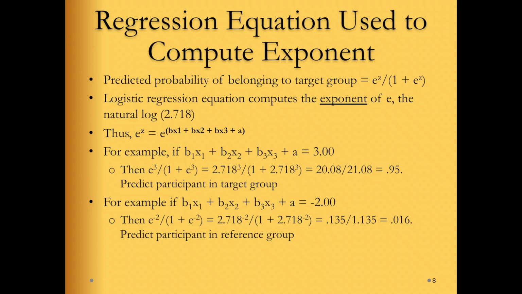In example 2, the regression equation derived a score of -2 for a participant. If we insert -2 as the exponent in the equation, we see that the resulting predicted probability for that participant was 0.016. This falls below the cutoff of 0.5, and we would then predict this participant was in the reference group on the dependent variable.